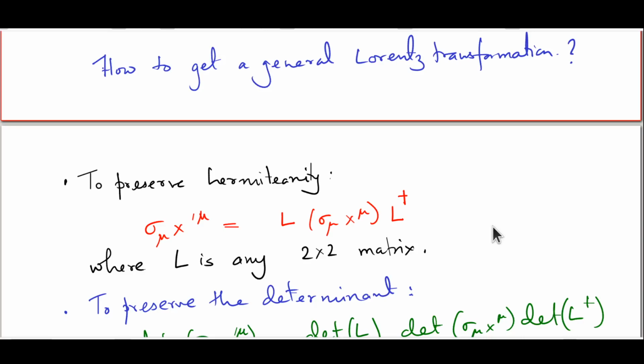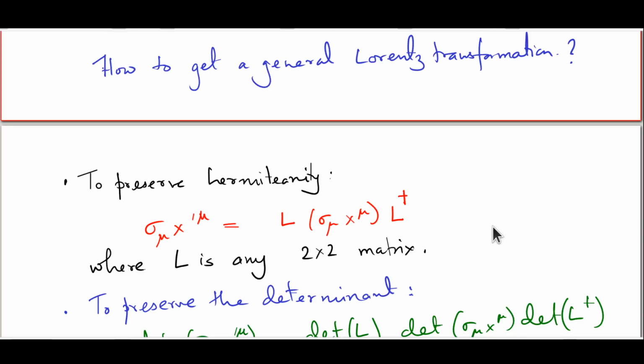Notice that what we have to do is to ensure that after the transformation, the resulting 2x2 matrix is Hermitian and has the same determinant as the original one, sigma mu x mu. In order to preserve Hermitianity, what we need to do is take a hint from the unitary transformation that we did.